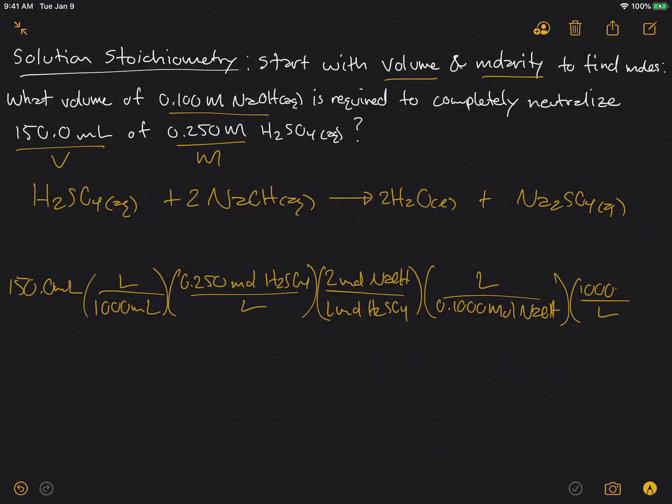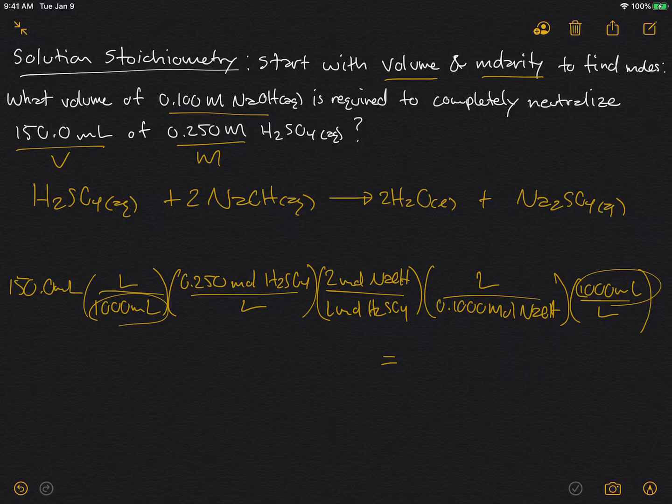So 1,000 milliliters is 1 liter. Notice that you've got 1,000 milliliters on the left, in the denominator, and 1,000 milliliters on the right, in the numerator, so those actually cancel out, but I'm including all the units for completeness.